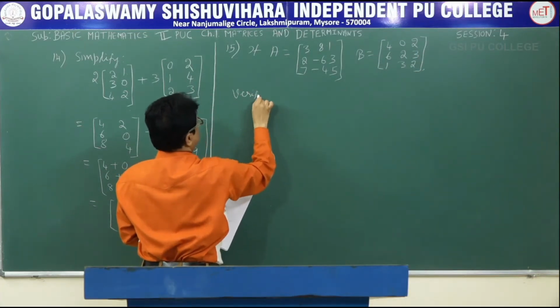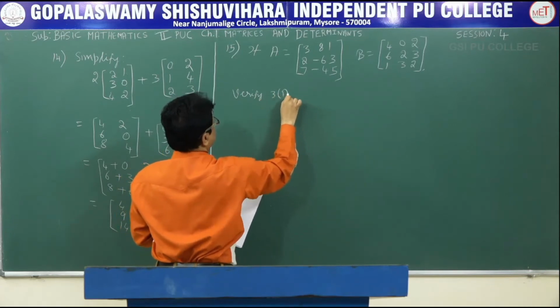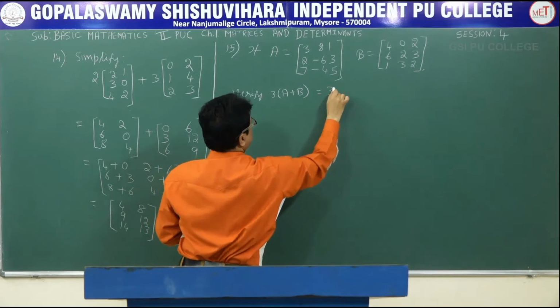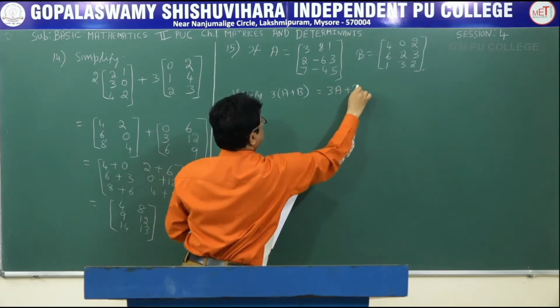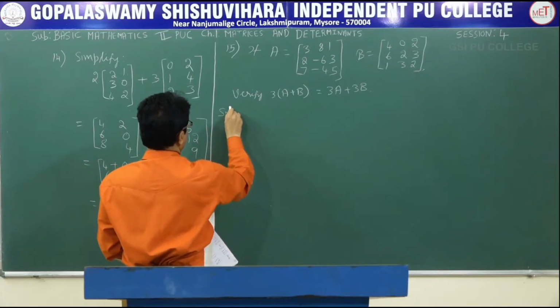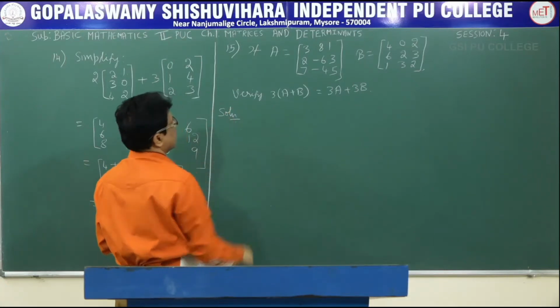Verify that 3 into (A plus B) is equal to 3A plus 3B. So, solution.